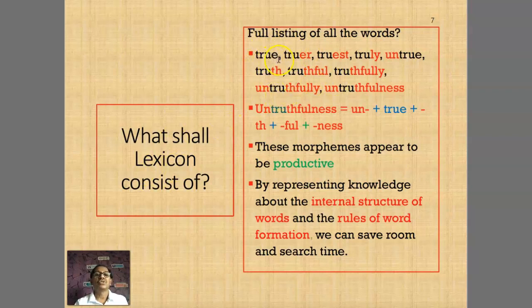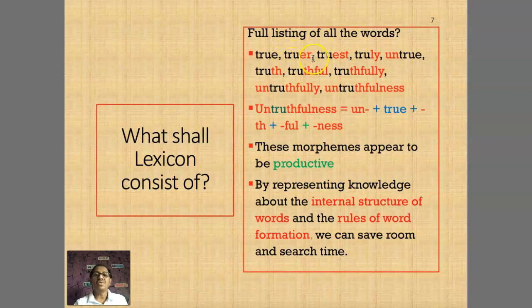But that is too much. It will occupy a lot of space. It will occupy a lot of memory in terms of computers. If you're going to build a morphological parser, then listing all the words this way will take a lot of memory. That is not economic.